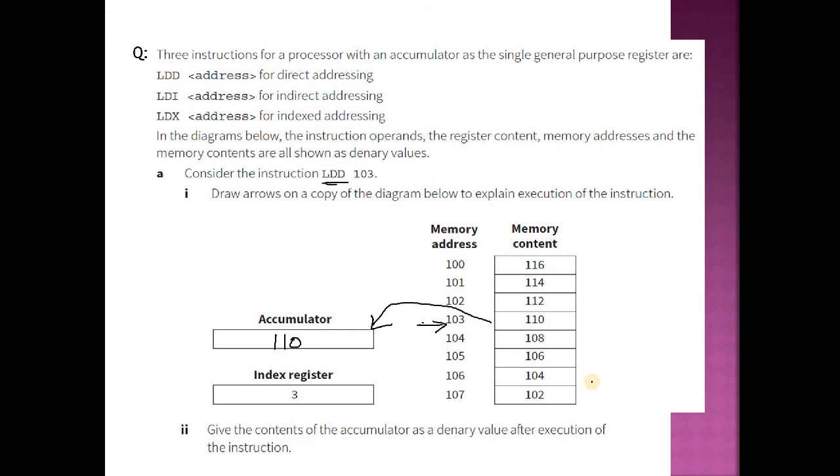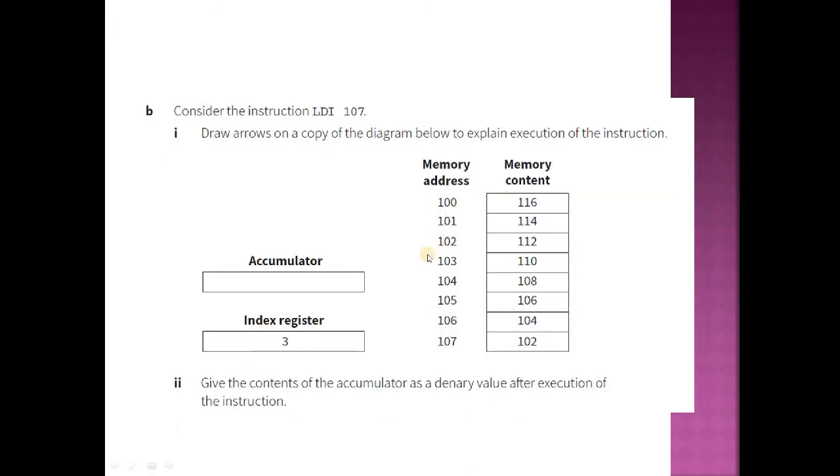After this, in part B, consider the instruction LDI, because load indirect 107. Indirect addressing has been used. Draw an arrow on a copy of the diagram below to explain execution of the instruction. We know that in indirect addressing, at this position we will find another address, and from that address we have to pick the value. So this is position 107, and here we find 102.